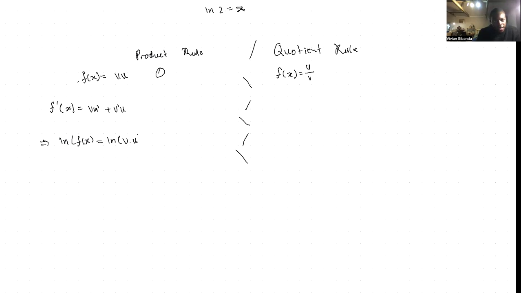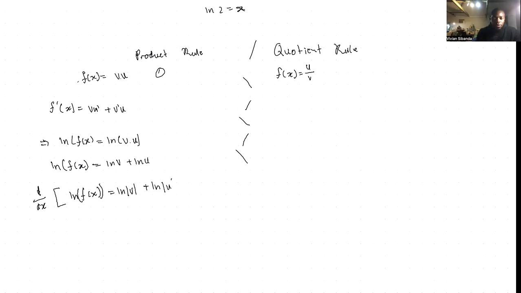And then simplified, this will give you ln of f of x equals ln of v plus ln of u. Now you need to derive both sides.